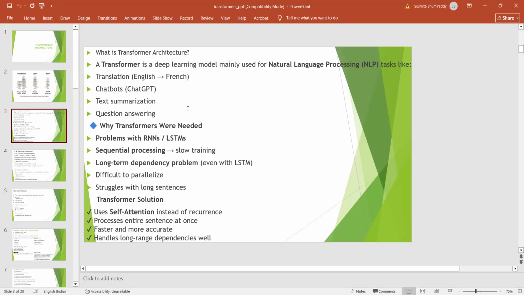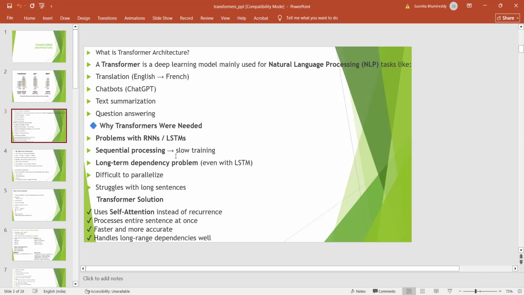If we have a sentence, it contains a number of words, and the RNN reads one word at a time. If it reads only one word at a time, it will be very slow, right? And if we have a long sentence, by the time we reach the last word in the sentence, it will forget the earlier ones. So it also has the problem of forgetting in long sentences.